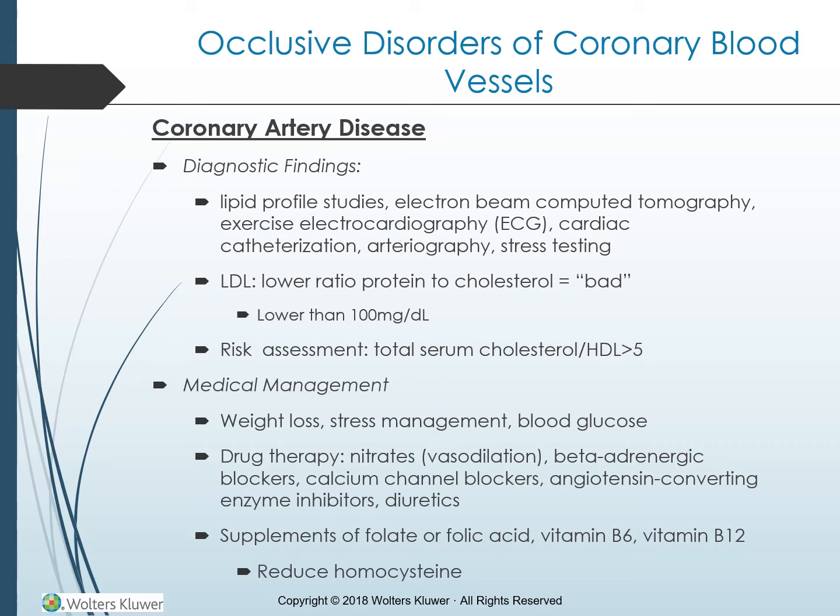Actually, 40 to 59 is acceptable, and 60 or more is optimal for HDLs, so greater than 60. And triglycerides, optimal would be less than 149, and those are some numbers that you should know.